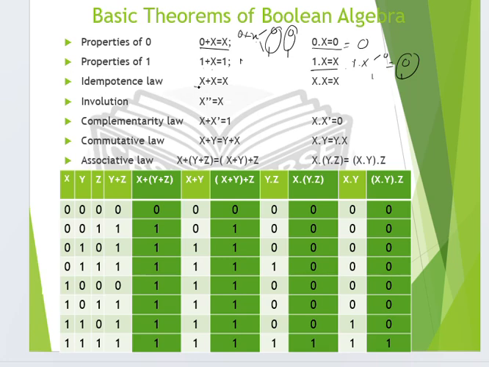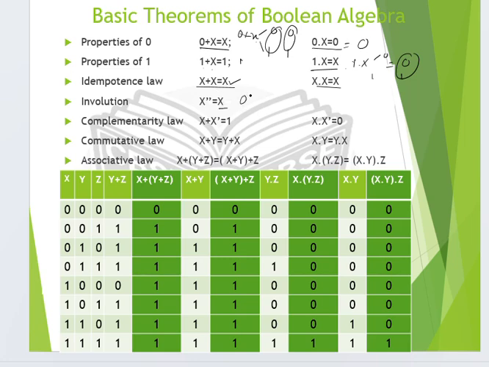Now the second one, after the property of 0 and property of 1, is the idempotent law. In this case, you may have n number of values of the same type, and the output will be that one value only. So x plus x plus x, you may write any number of x's, it will be x only. The same goes for the AND operator. So x and x will give me x. Now the involution law is what? The complement of a complement is the number itself.